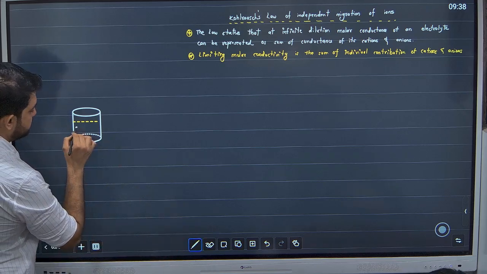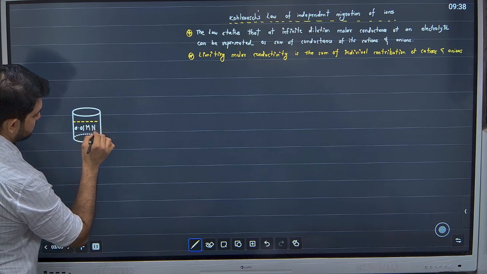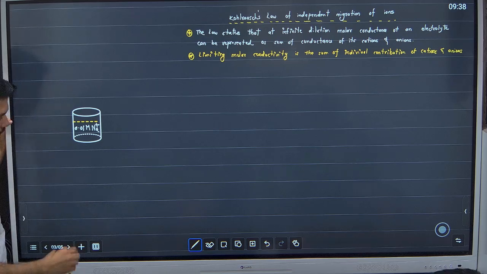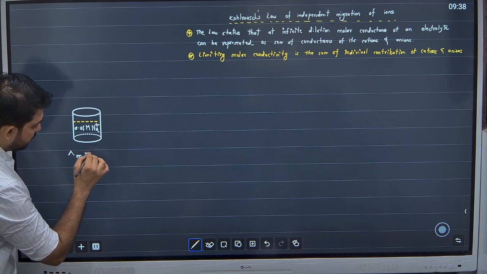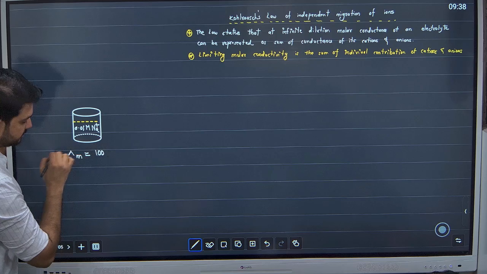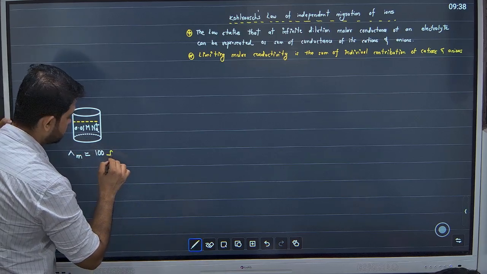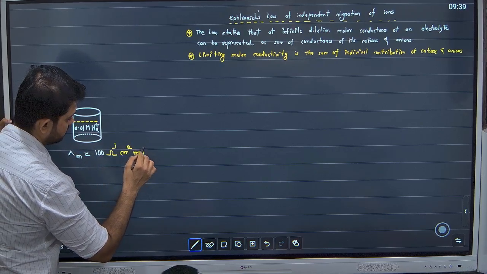Let's say this is, people, 0.01 molar Na plus. ठीक है? And let's say the lambda m for this, I'm taking some random value. Okay, let's say this is 100 ohm inverse centimeter square mole inverse.